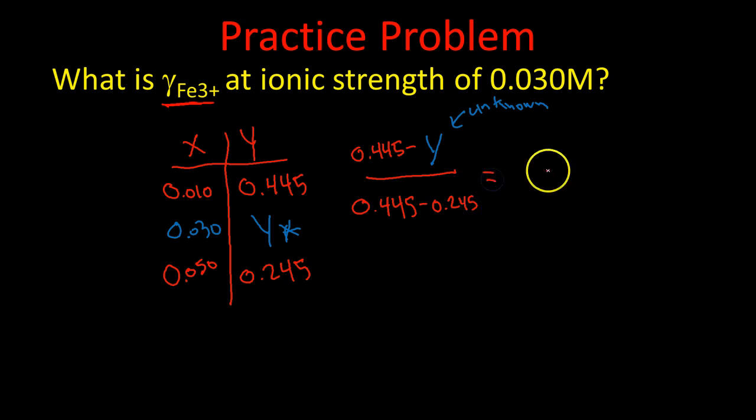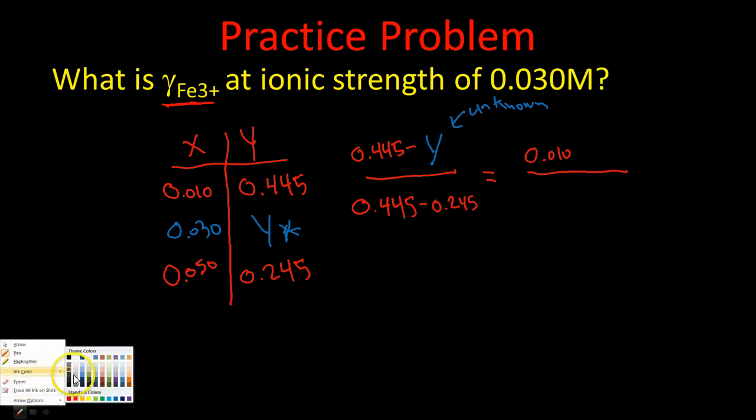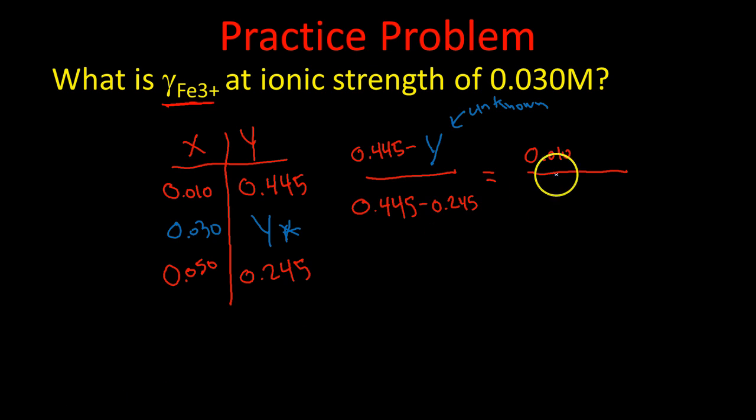That equals the x value associated with it, 0.010, minus the x value associated with our unknown, 0.030, over the known interval on the bottom: 0.010 minus 0.050.